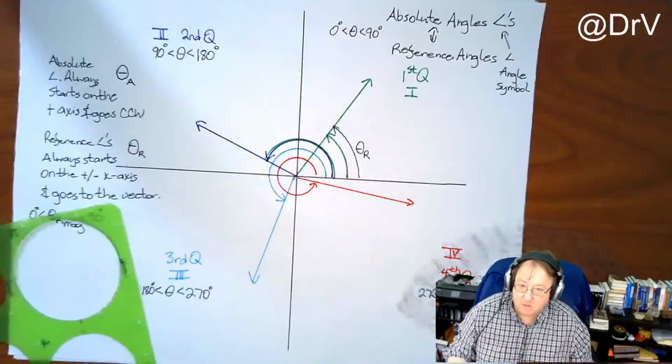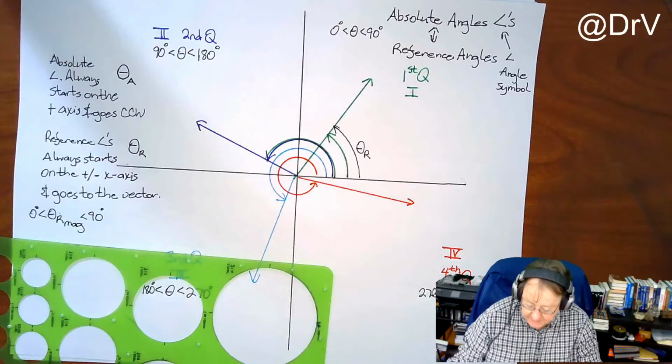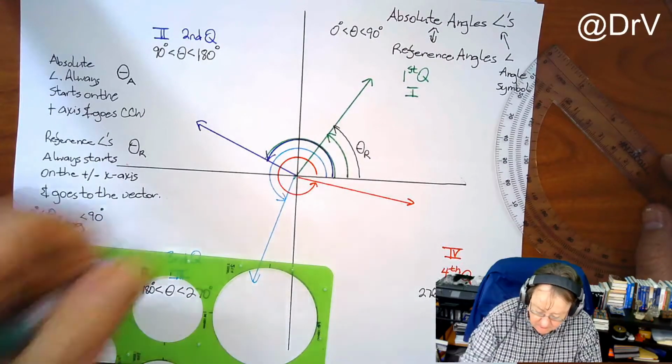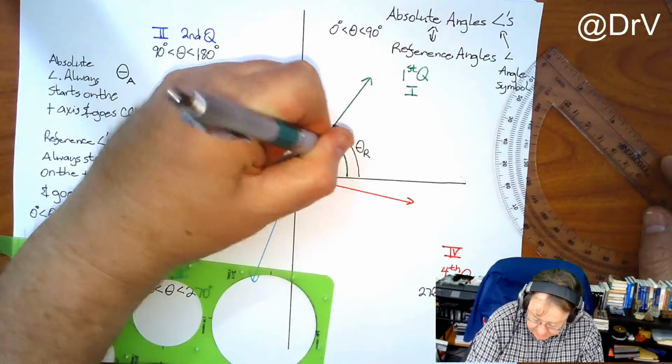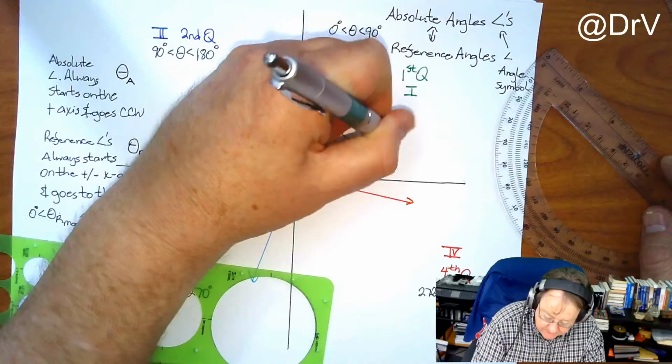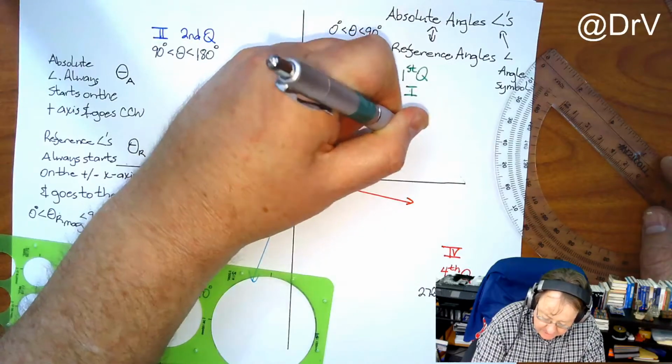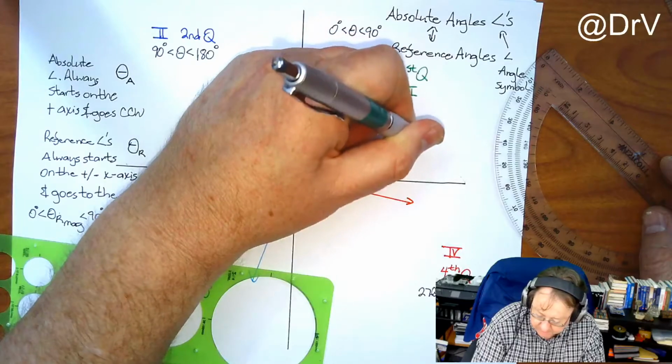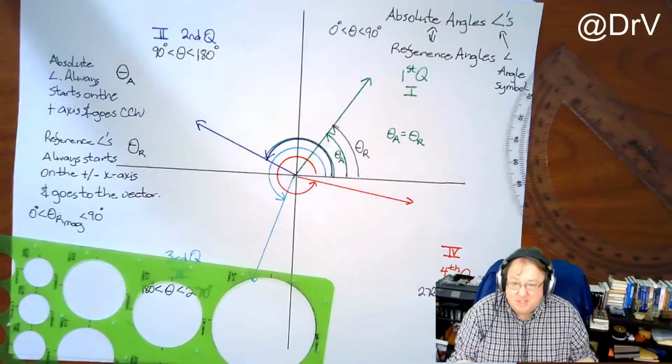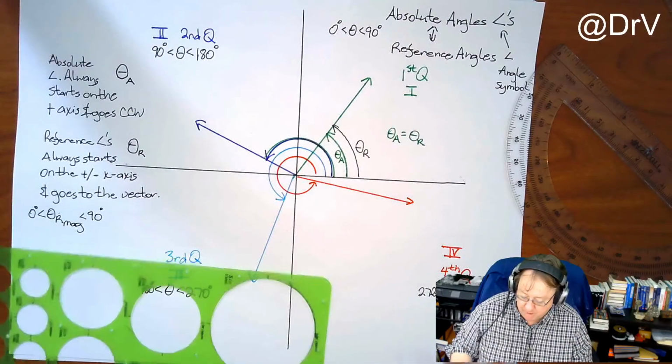For the first quadrant is the same as your theta A. Theta A is equal to theta R. They're the same. It's the easiest one.